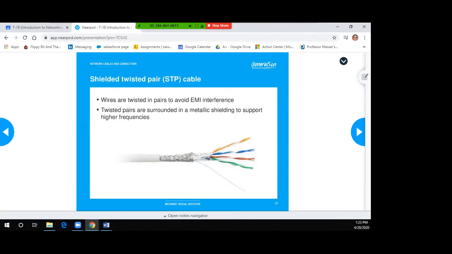Each individual twisted pair has its own twist amount, believe it or not. You'll notice that some of these, even in the picture, you can look at it, even the brown one, which is usually the easiest one, that one is twisted the least. Yet the green and the orange, they're twisted much more. And the blue is, I believe, the second least.